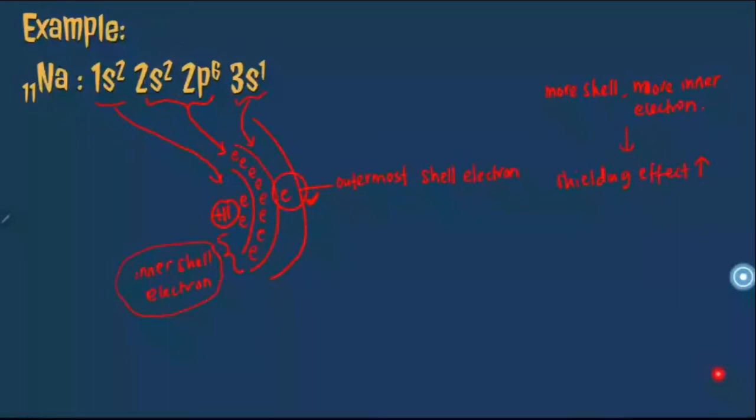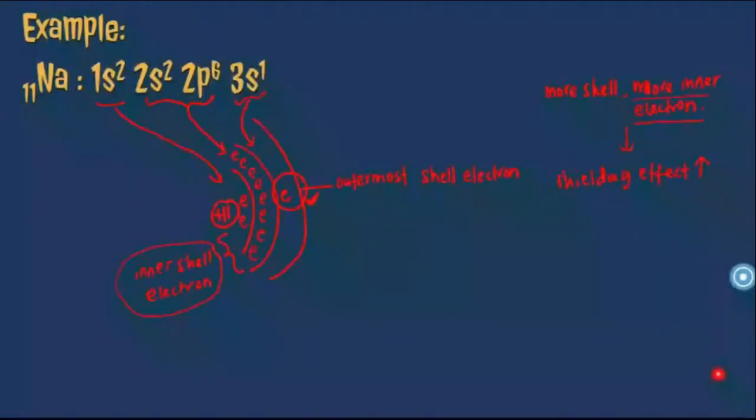The shielding effect is affected by the number of shells, because when you have more shells, you have more inner electrons. So what happens after that? Your shielding effect will be increased. Any question, class? No, madam.